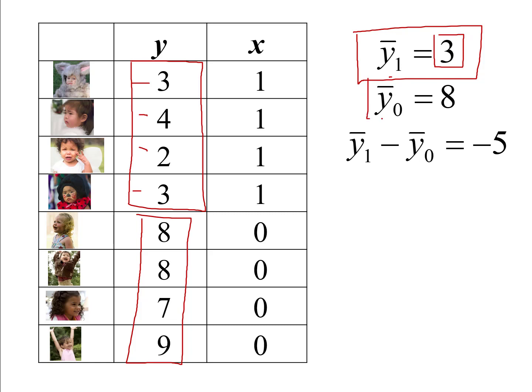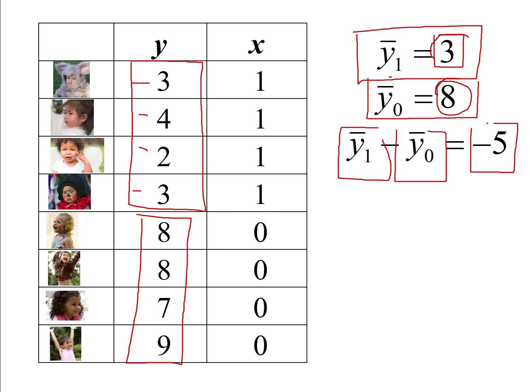So I have y bar for group 0 is equal to 8. And then we could simply calculate the difference. 3 minus 8, y bar for group 1 minus y bar for group 0 gives us -5. These two groups are 5 units apart from each other. That's the size of difference in their happiness scores.